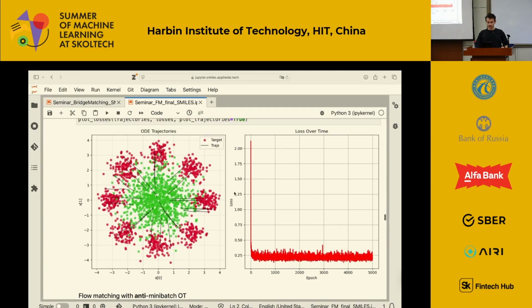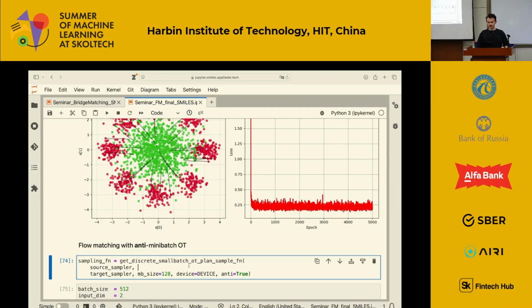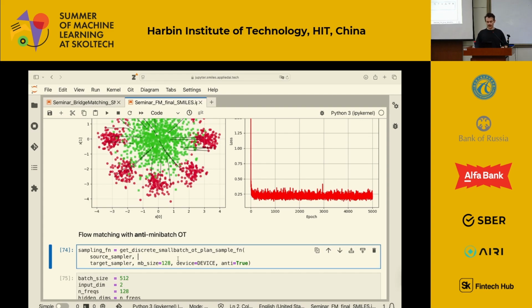Well, this is pretty cool. Another interesting thing: what will happen if we consider negative, evil optimal transport? So we will take anti-optimal transport. The optimal transport basically tries to find the pairs of samples from x0 and x1 that are minimal in terms of the energy spent for translation, or the L2 norm between them.